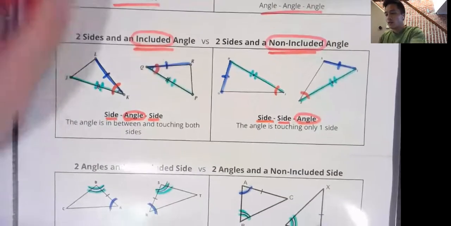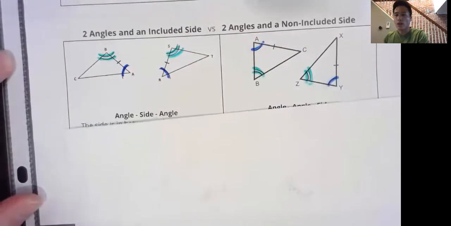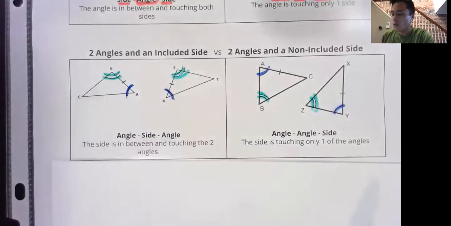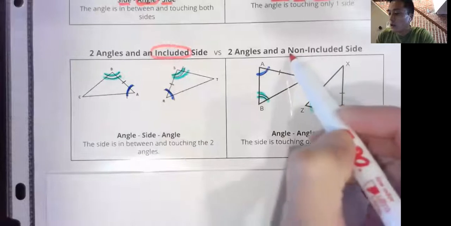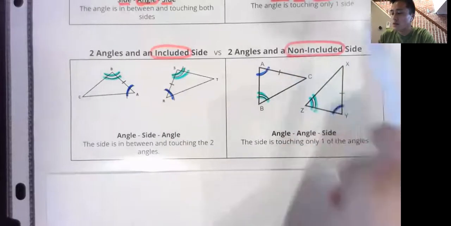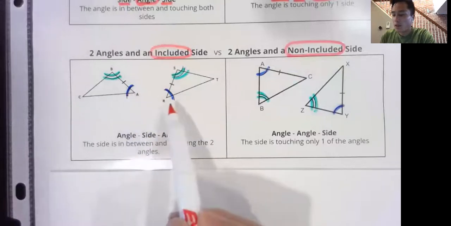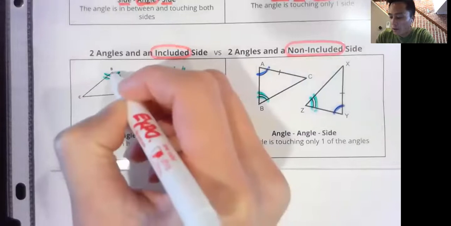Okay, now let's also look at when you have two angles and a side. In the same way, it's important to distinguish if we're talking about an included side or a non-included side. And here's the difference between the two. Notice in this diagram on the left, we have two congruent angles, and the congruent side that we have is right here.